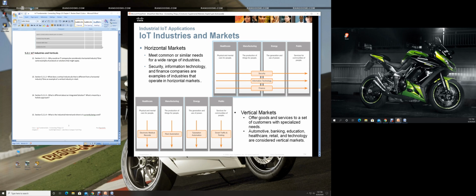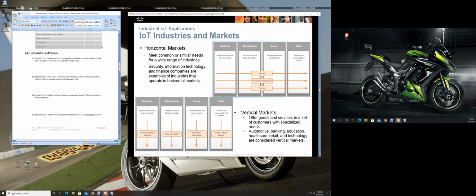And the first two are a horizontal market and vertical markets. A horizontal market is something that applies no matter what the company is. So, for example, if you had an operating system or a server that you're setting up like Active Directory, that would fit into a horizontal market because it doesn't really matter what you're doing.